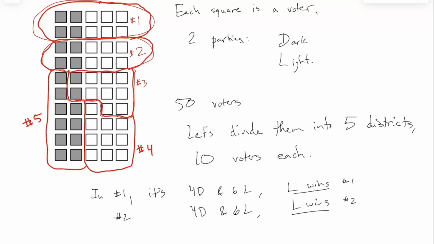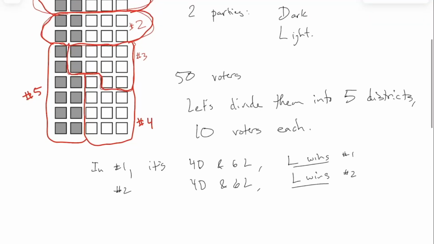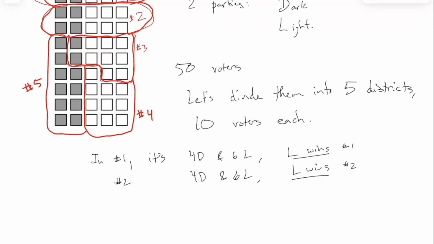Right? And I'm just going to say for each of the other ones, number 3, who's going to win in number 3? The L's also, yeah, if you count those up, I see 2 darks and 8. So number 3 is 2 darks, 8 lights. So L wins number 3. In number 4, I see all whites.